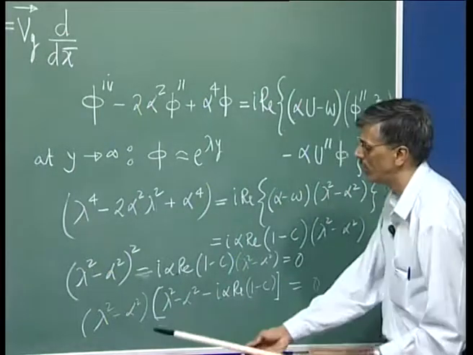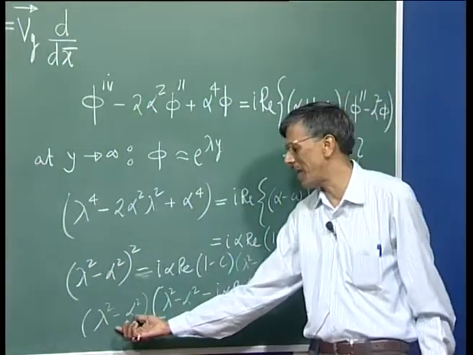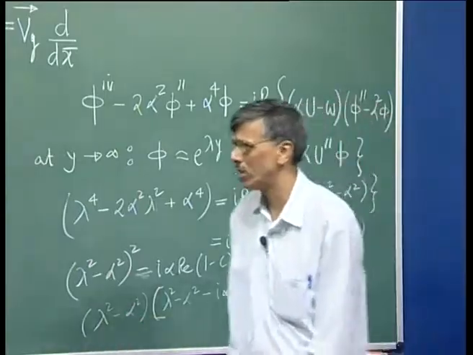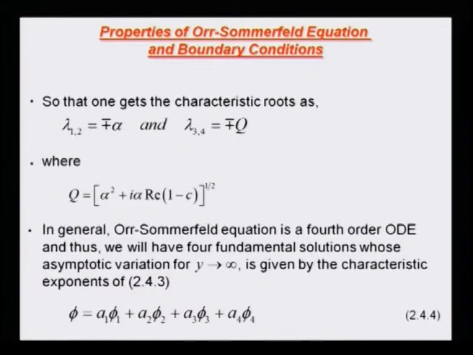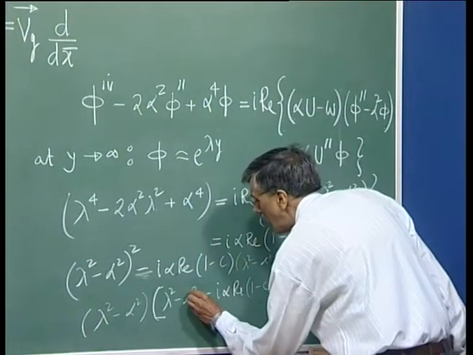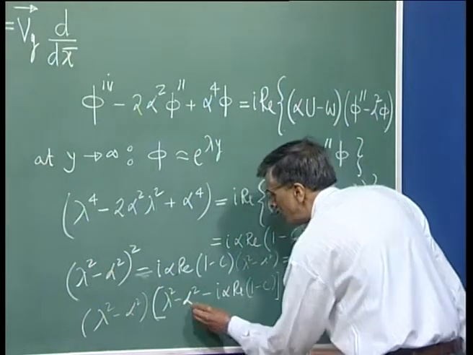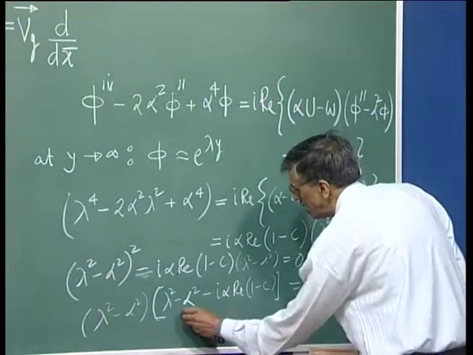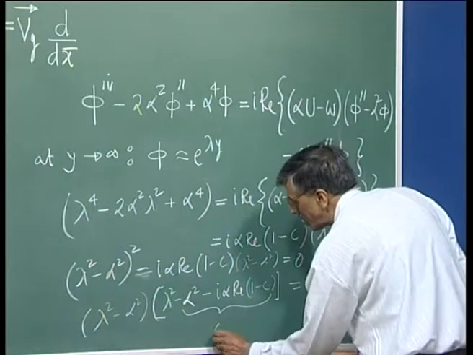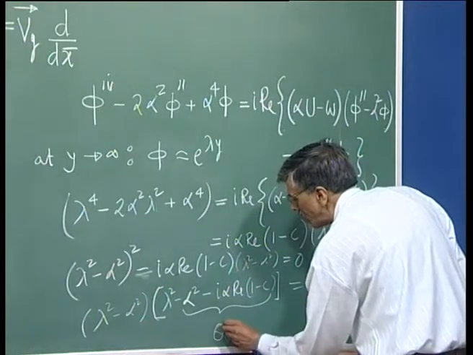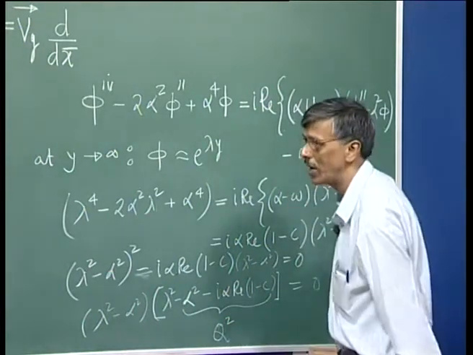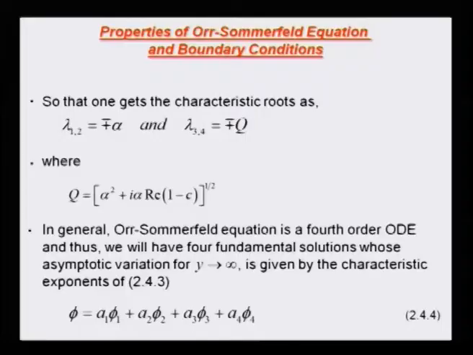So, you can see this factor lambda square minus alpha square gives you those lambda 1, 2. And this quantity here, alpha square plus i alpha R e, we are writing it as something like q square. Okay. So, that is what we have written there.